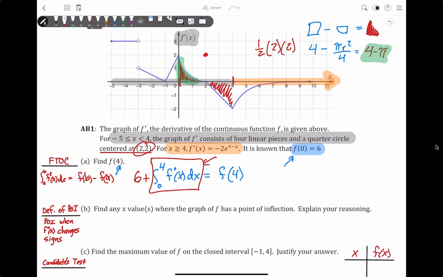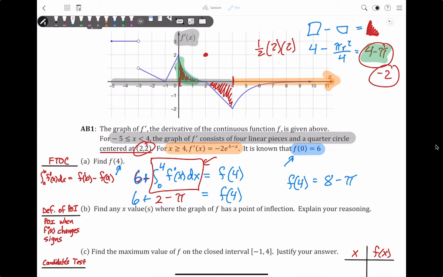So we're going to be adding a -2 from 0 to 4. I'm adding these two pieces together, which shows that this displacement is going to be 2 minus pi. And then we can't forget the 6 that we're adding up front, so that we get f of 4 as a total value, which is 8 minus pi.